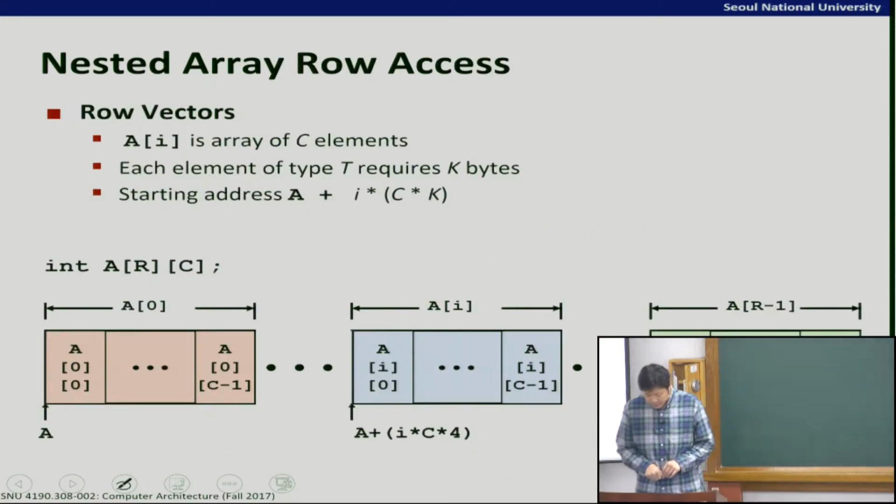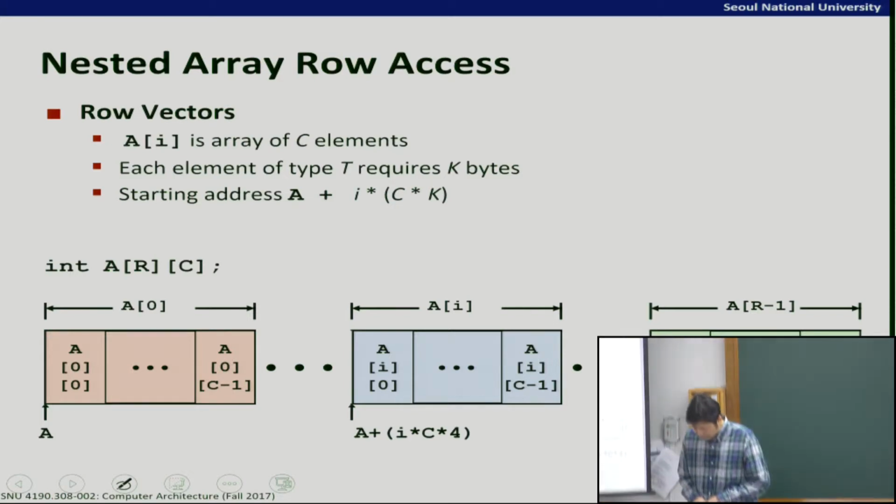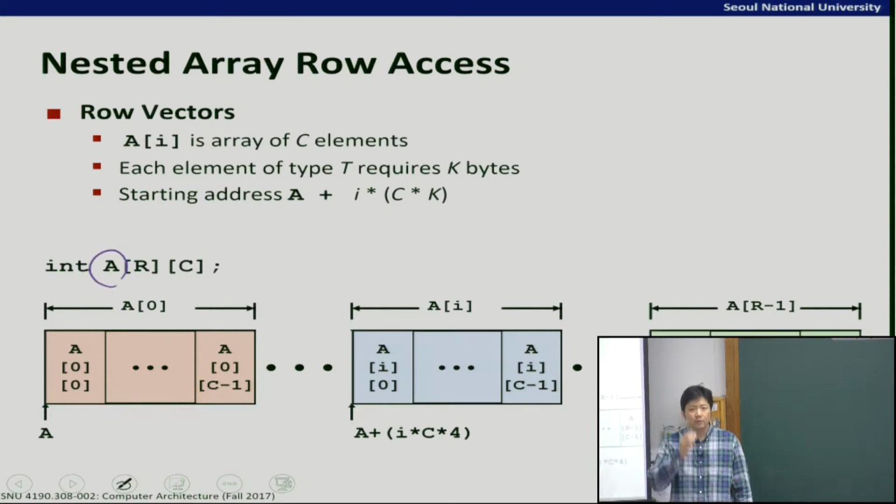So let's think about how we can generate code for accessing nested array rows. Let's say we have a row vector. Let's say A is a two-dimensional array with R rows and C columns, and the individual element is an integer because now we have a two-dimensional integer array.